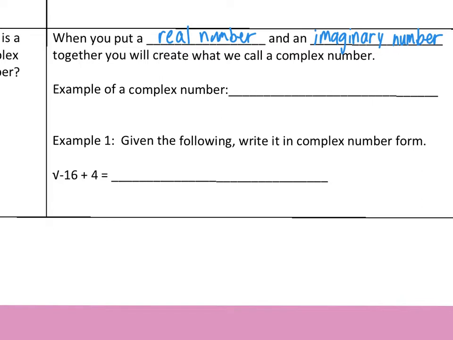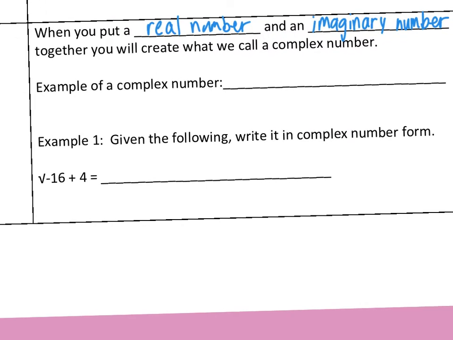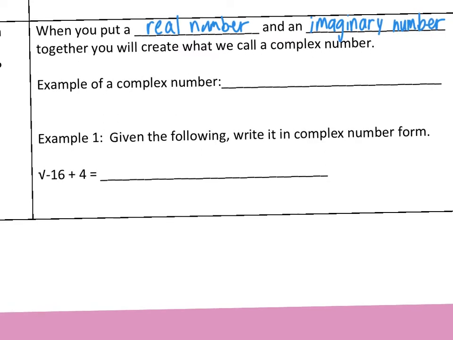You could be one if you wanted to. It'd be a good path for you. Okay, an example of a complex number would just be 4 plus 5i, or 7 minus 2i. There's a billion of them, okay? A complex number is just adding or subtracting a real number and an imaginary number, okay?